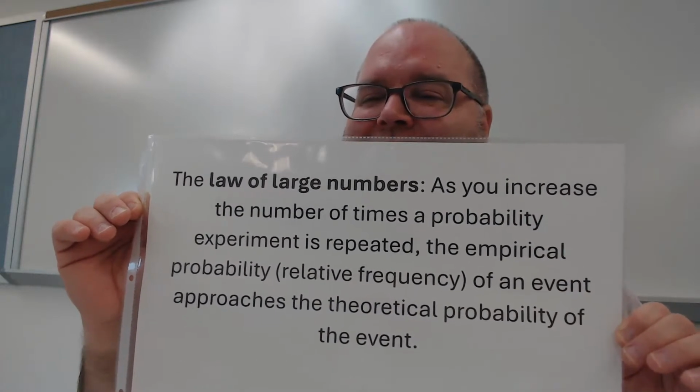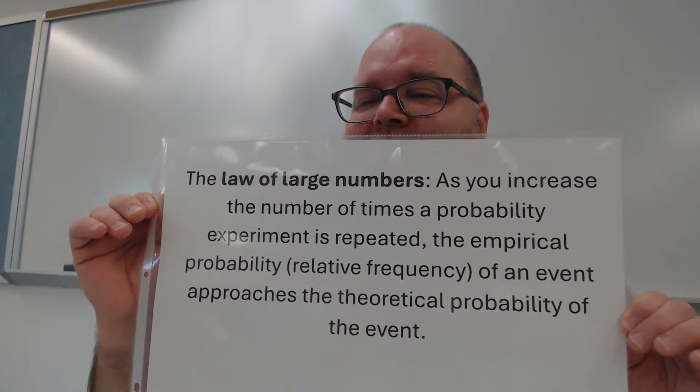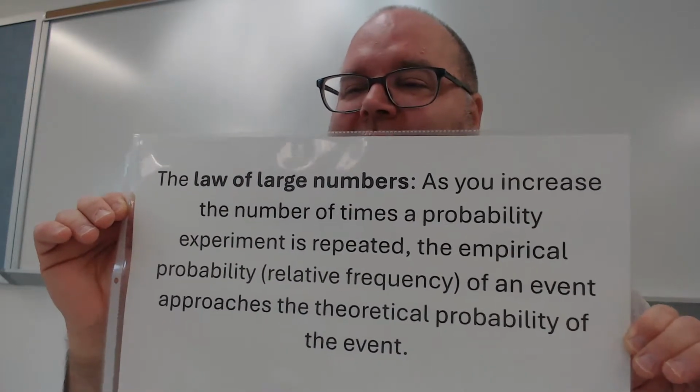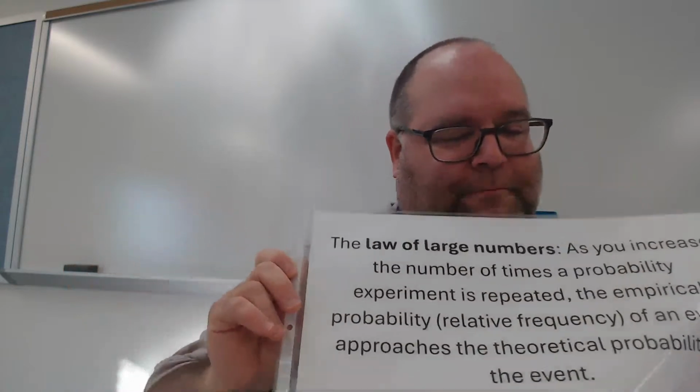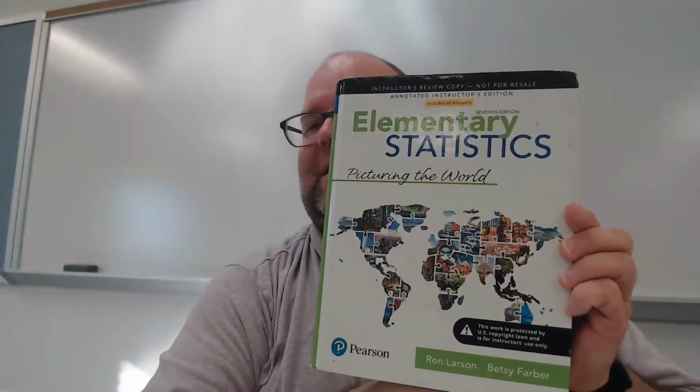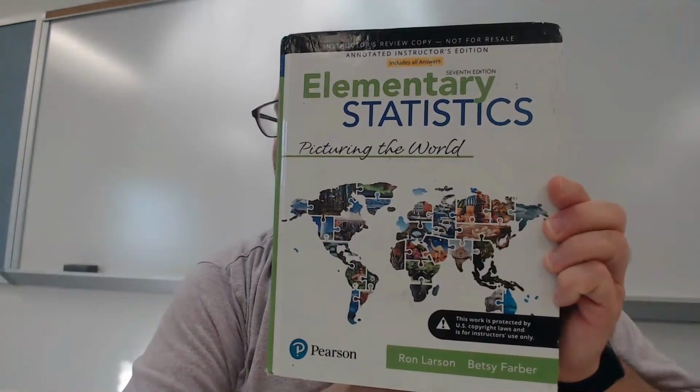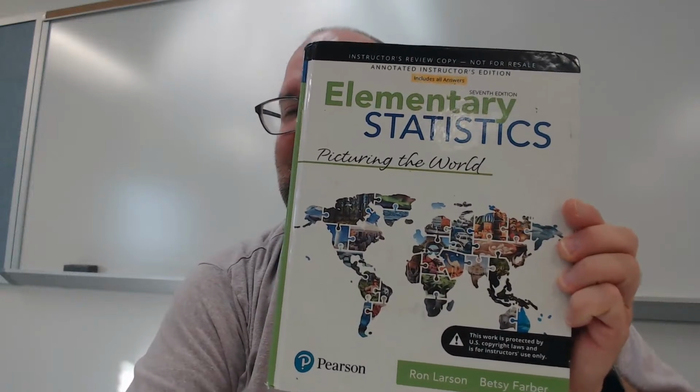As you increase the number of times a probability experiment is repeated, the empirical probability or relative frequency of an event approaches the theoretical probability of the event. So the more times you run an event, the more likely it is that you'll come into alignment with the theory. I should note that many of my definitions come out of this textbook, Elementary Statistics: Picturing the World by Larson and Farber. I think it's the 2017 7th edition.